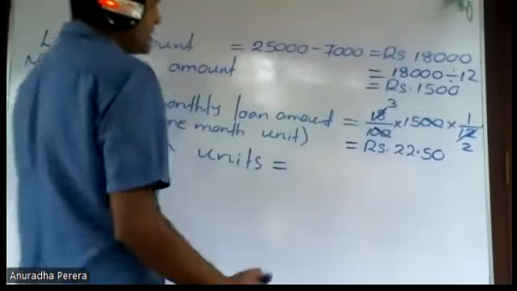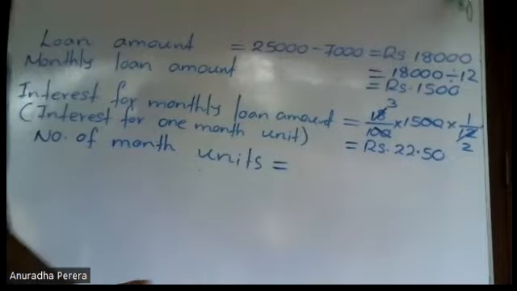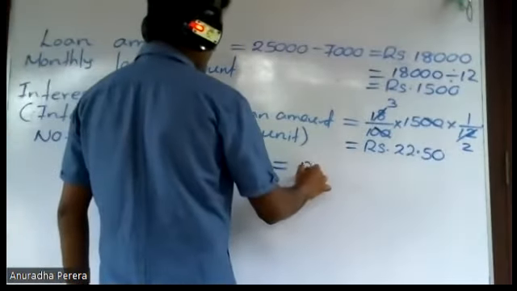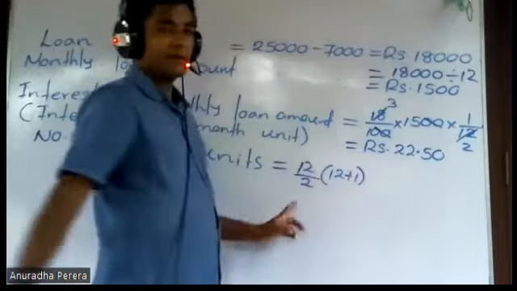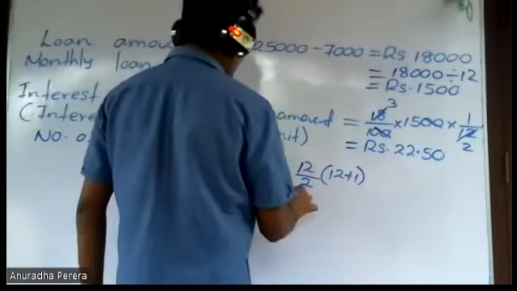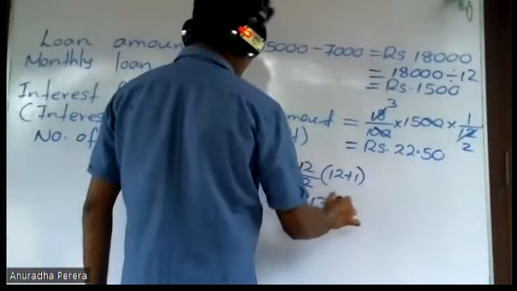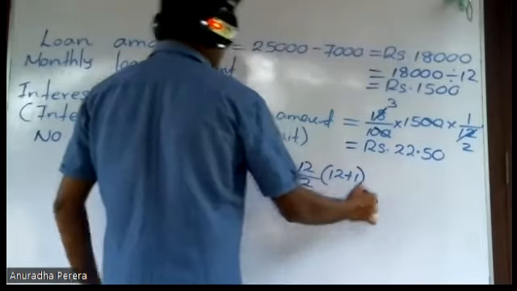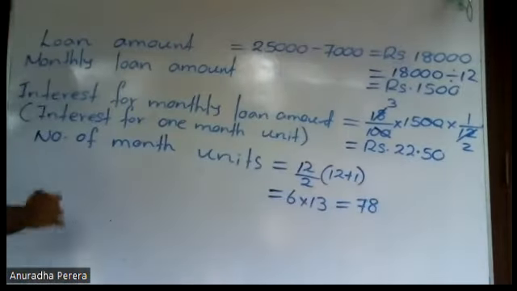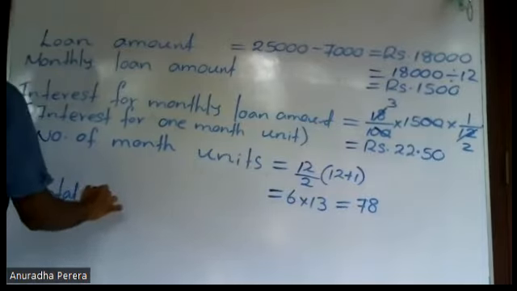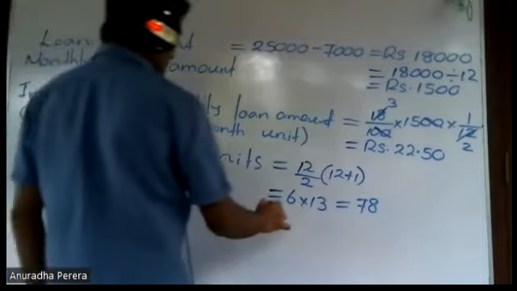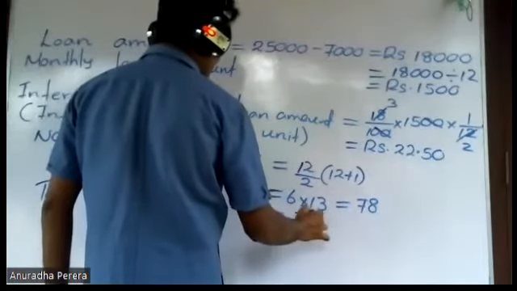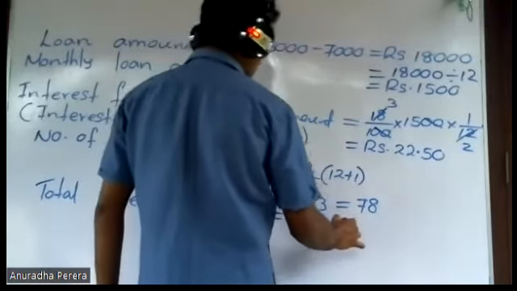In this case, number of installments 12. Then 12 over 2, 12 plus 1. 6 into 13, 78. Then total interest. Take the product of number of month units and interest for 1 month unit.